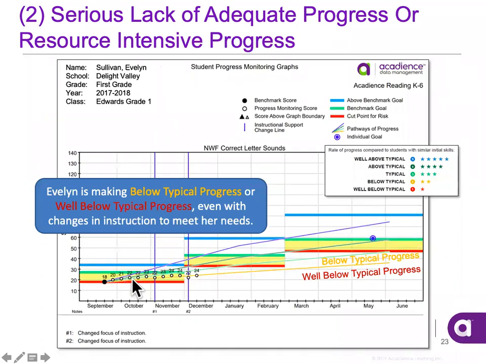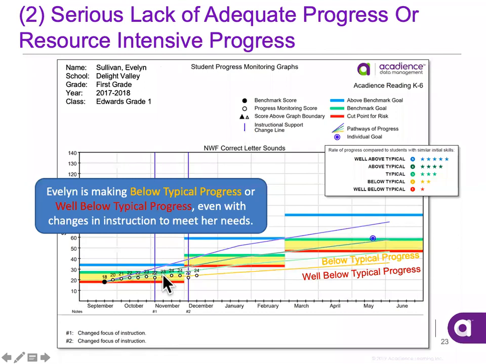So you can see these open circles are the progress monitoring data points, maybe every other week. And she's tracking down here, if I sort of extend this, it's down here in the well below typical range. So in late October, there was a change made to her instruction. That's what this vertical line is. This is an intervention change line or a phase change line. There's a place in Acadiance data management to enter what that change to instruction was, so it can be represented on the graph.